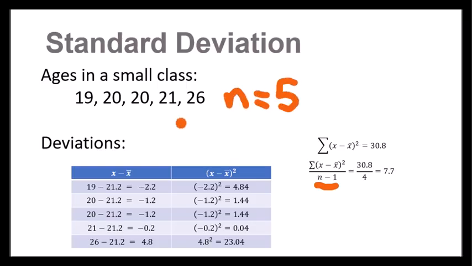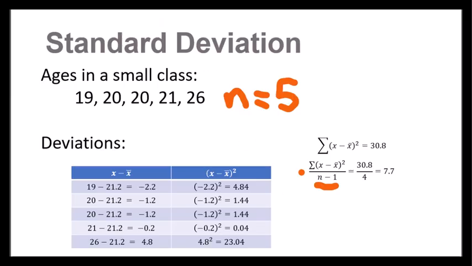But for sample standard deviation, and I'm assuming that this is a sample of ages here, we actually divide by 1 less than this. This is a correction that allows the sample standard deviation to be a better approximation of what the true population standard deviation would be. In most cases, we are dealing with sample data, so you will typically use this version of the formula.